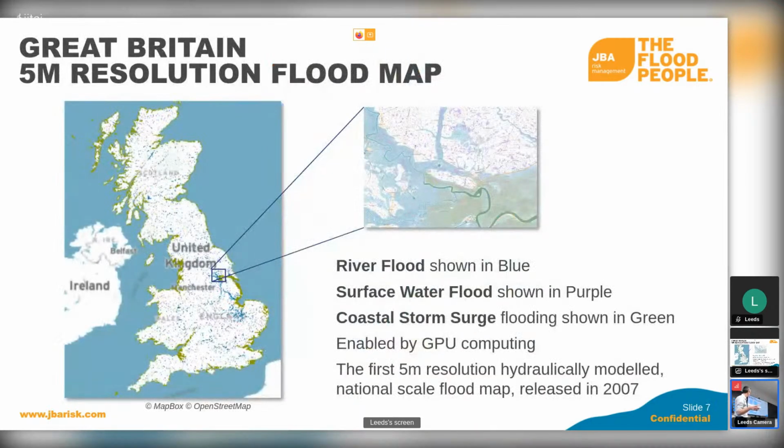And so as mentioned before, that technical innovation of running hydraulic simulations on a GPU allowed the people who founded the company to produce the first national scale flood map. They did this in 2007. So this is a 5-meter resolution map. What you can see just about here is that we've got a bit of coastal flooding coming up the Humber.